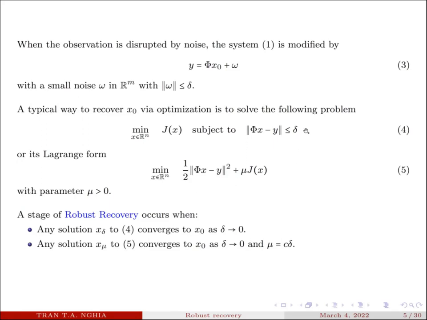If you solve and get the solution of problem 4, or the solution of problem 5, then if delta is very small, the noise is so small, that solution is very close to the original signal. So for this method, you will not recover exactly X naught, but you have something very close to X naught. That is the point.